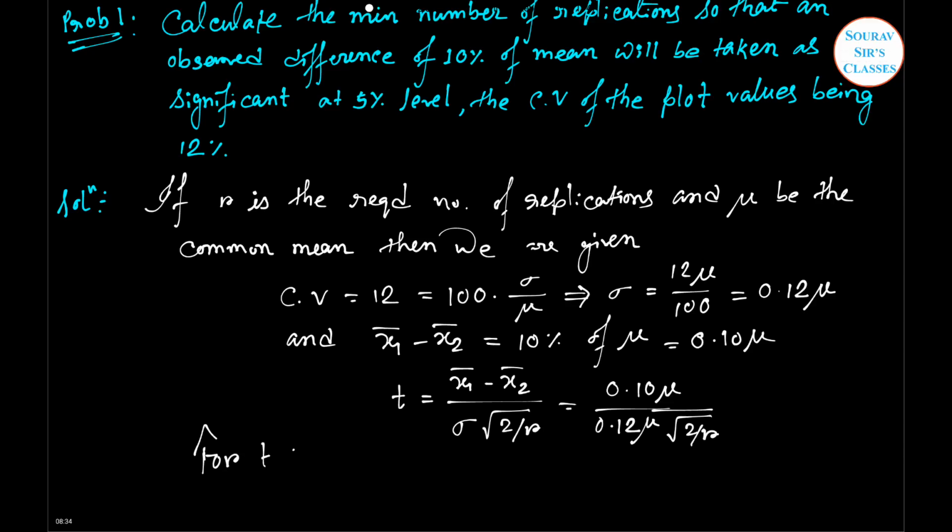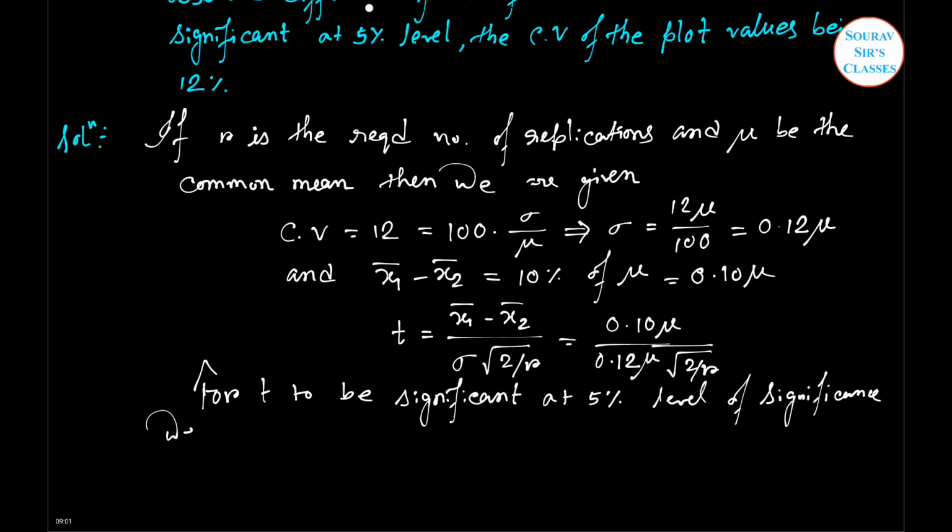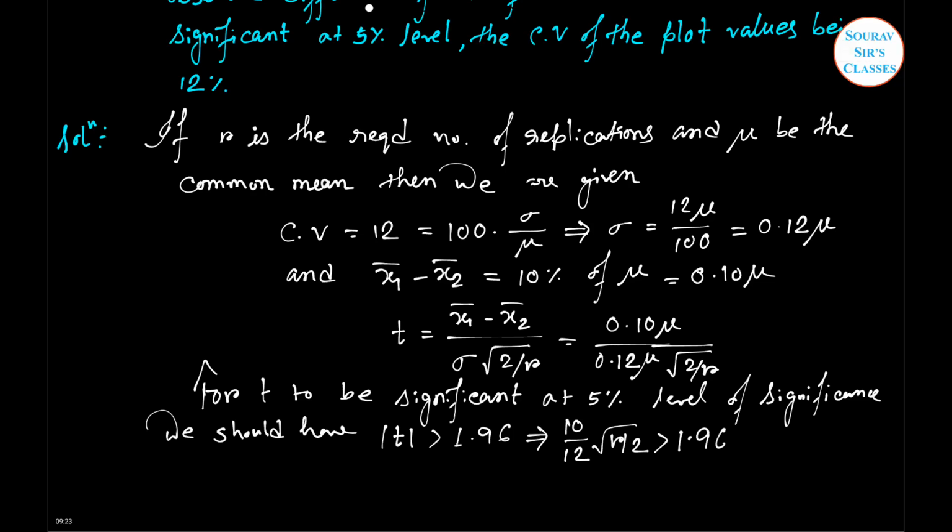For this to be significant at 5% level of significance, we should have mod t greater than 1.96, that implies 10 by 12 root over r by 2 greater than 1.96, that implies r greater than 2 into (1.96 into 1.2) whole square, that equals 11.1.